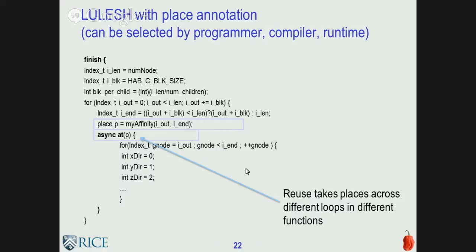We say we want to bind it at that same place, which may not be the leaf, it may be some mid-level. And this reuse can take place across loops and different functions. Even though there are compilers that do locality optimizations, when you have large applications with loops spread across many procedures, these kinds of affinity hints can help.